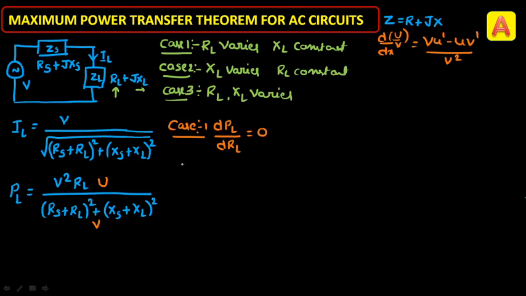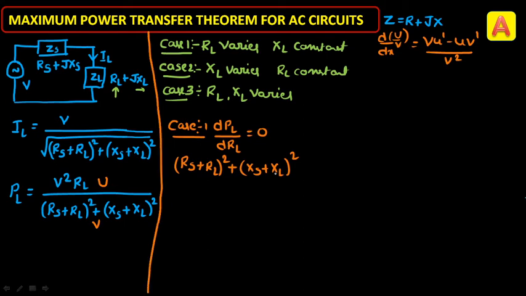Here V is equal to (RS plus RL) whole square plus (XS plus XL) whole square.